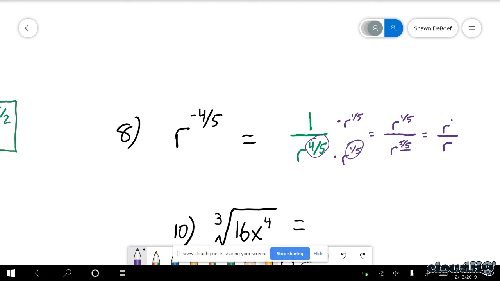There is nothing I can do with that. Here is my answer: r to the 1/5 over r. Normally, we don't like the same variable or the same base in the top and the bottom. But the fact that I cannot have a fractional exponent or a radical in the denominator supersedes that. So nothing more I can do to this problem.